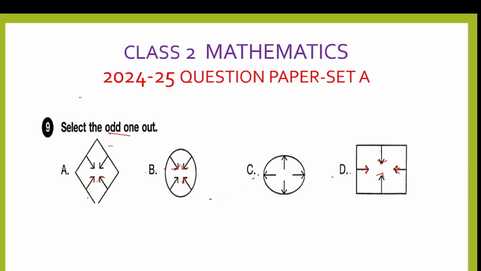But in figure C there are outward direction arrows. So the direction of the given arrows is outward, isn't it? So this figure is different from the given figures. Therefore the odd one out is option C, which is the correct answer for the given question.